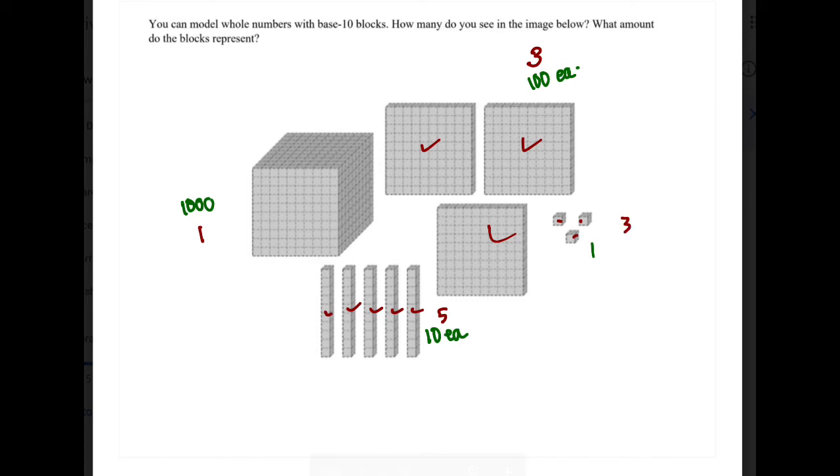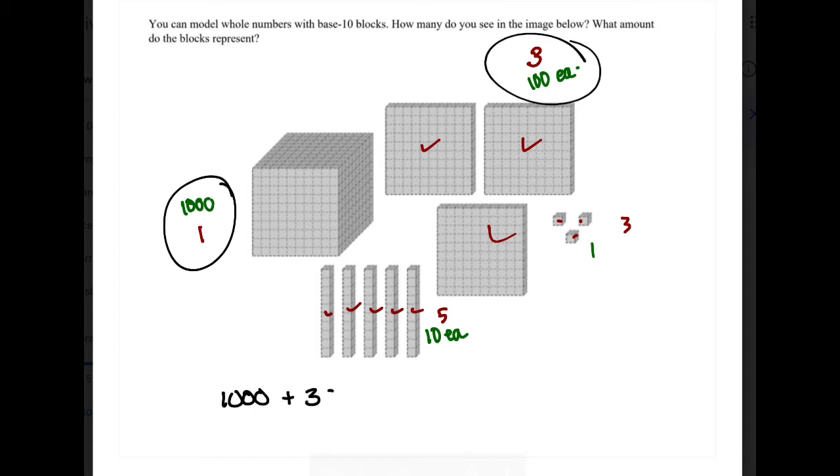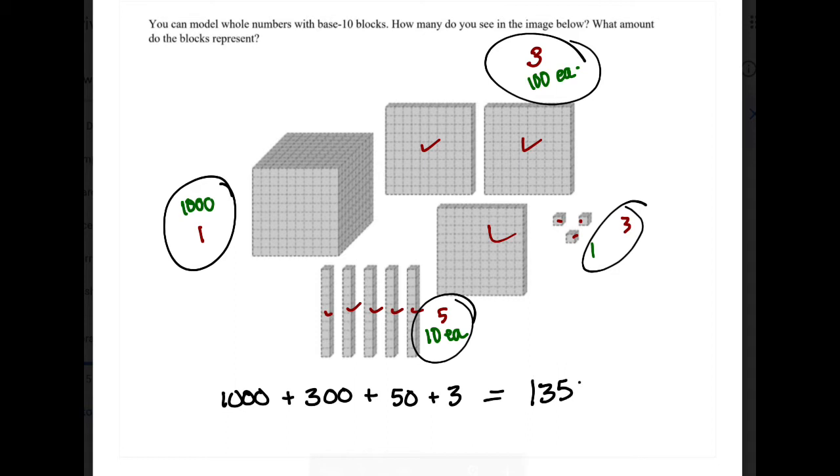Okay, so let's write that out in expanded form, starting with the big one. So we have 1,000, and now 3 hundreds give you 300. 5 tens is 50, and 3 ones is 3. So we have 1,353.